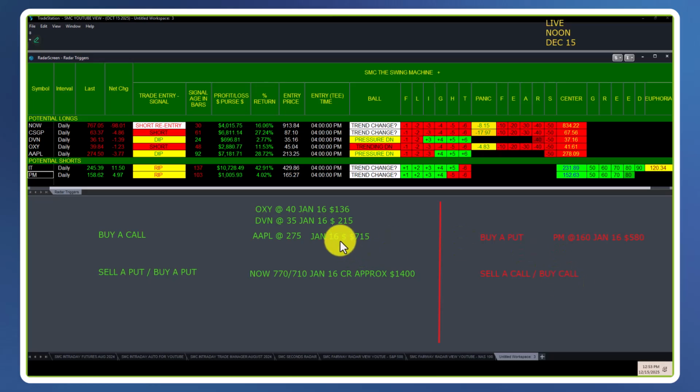So Susie might take these and she might even put credit spreads on Apple. She might sell a put at 270 and buy a put at 265, something like that. A very highly probable outcome, and boring.